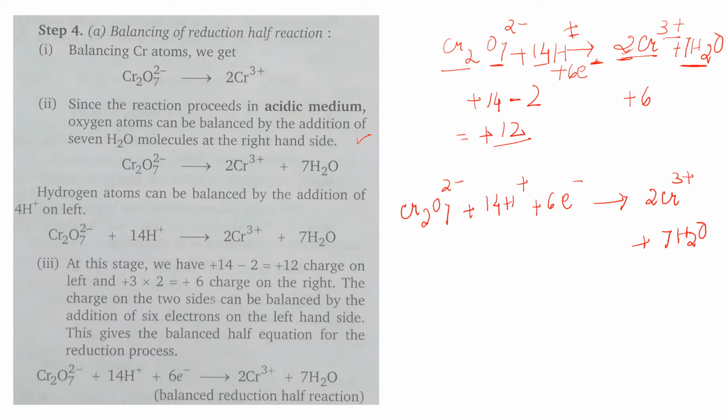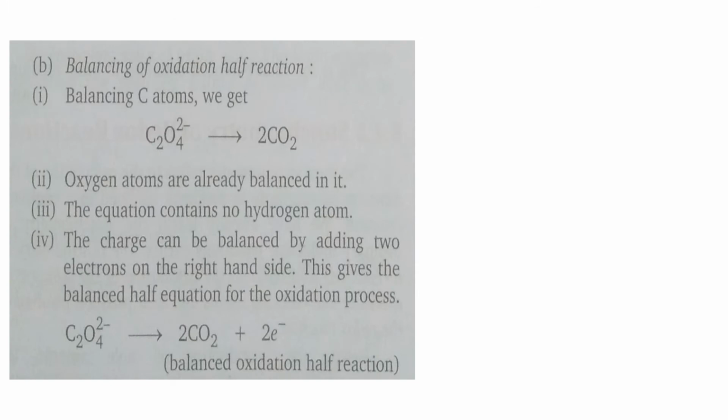Similarly, I have to do it for the oxidation half reaction also. Now, balancing the oxidation half reaction. My oxidation half reaction is C2O4 2- giving 2CO2. Now see whether the carbon is balanced or not.